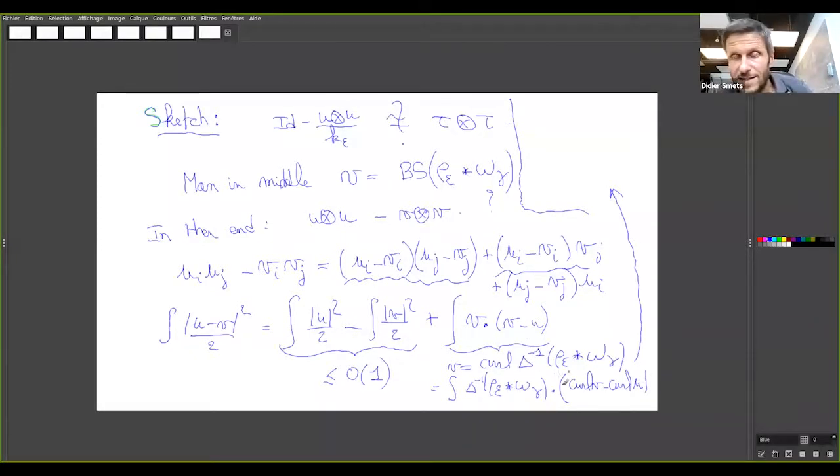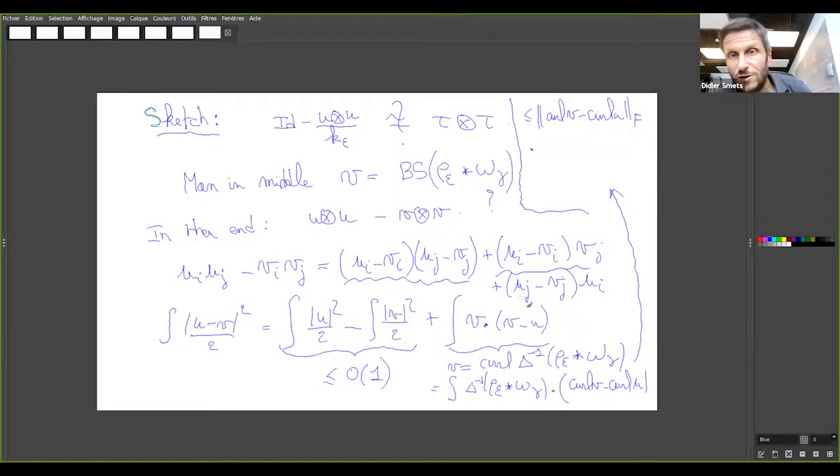This is less than the flat norm of curl of V minus curl of U, because I have control on the curl of this, times the L infinity norm of the curl of the test function.